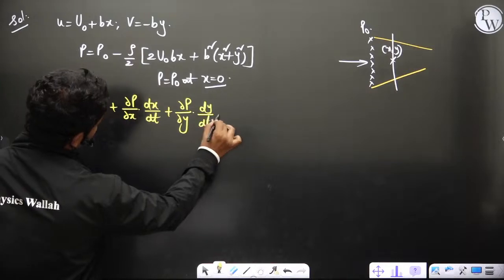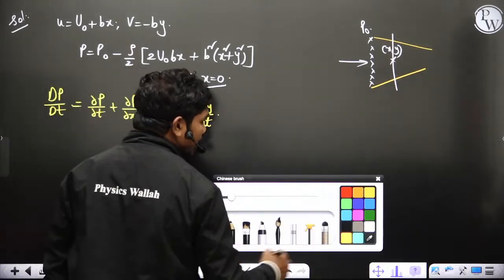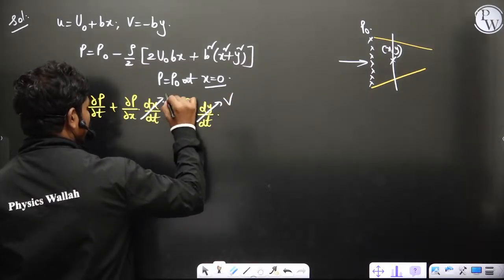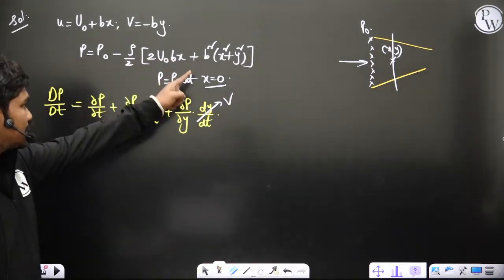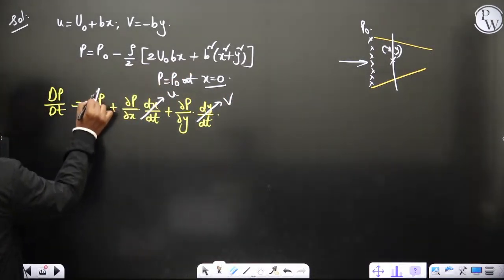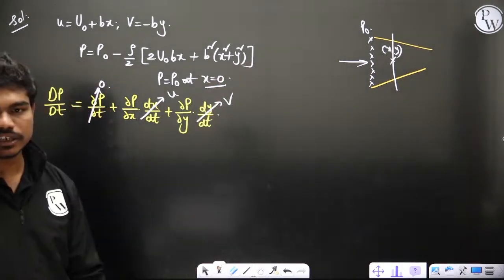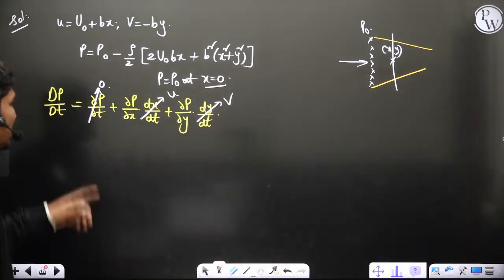Clearly this velocity component is v, this is u, and in this equation there is no dependence on time, so dou p by dou t is actually 0, because at any location we don't have any variation with respect to time.